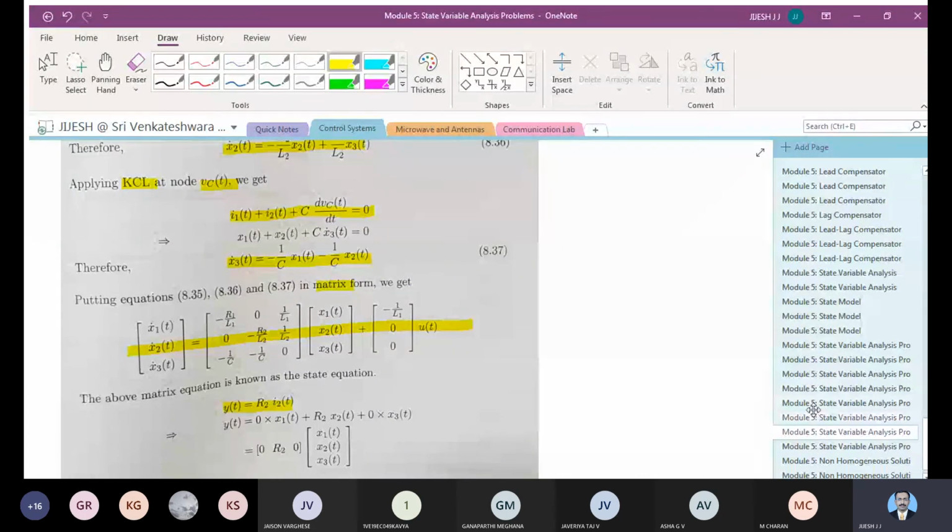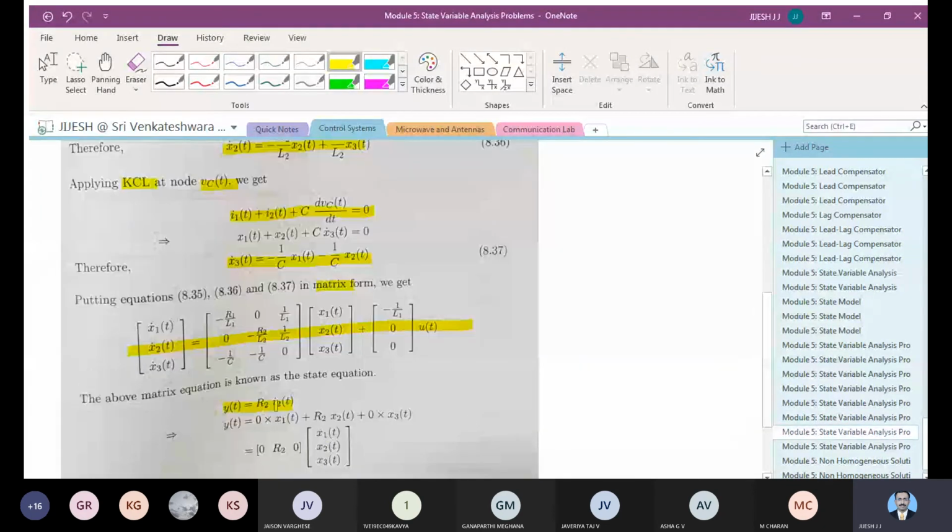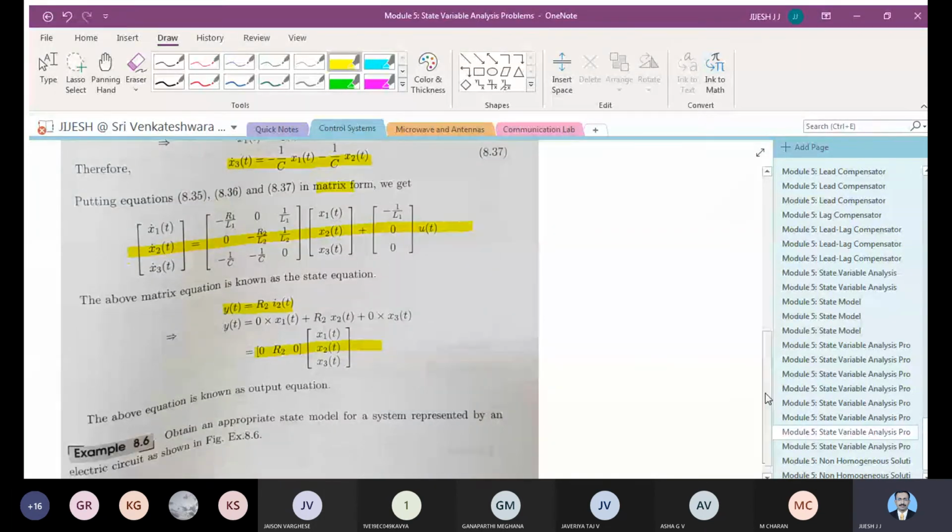Go back and check: I2 is x2. So y of t is equal to this equation, and when you rewrite it, you will get 0 R2 0 times x1 x2 x3. So this is what the problem ends up with.